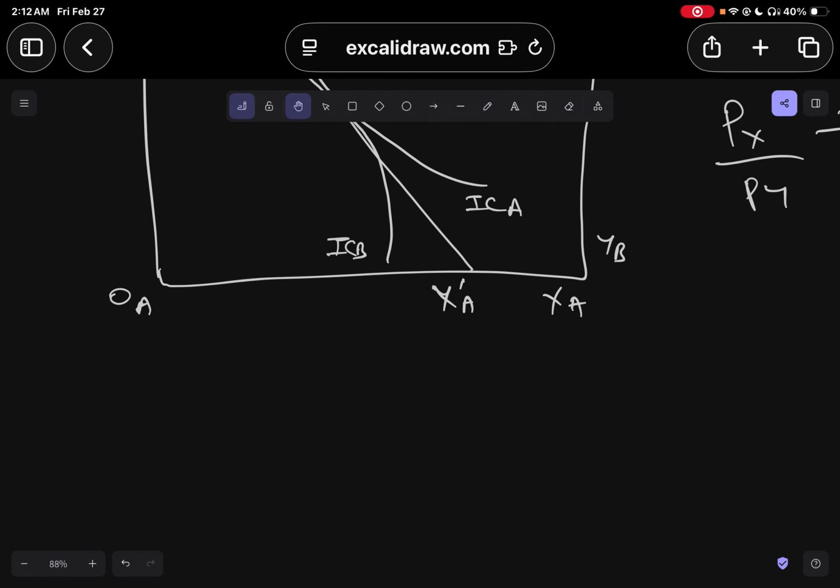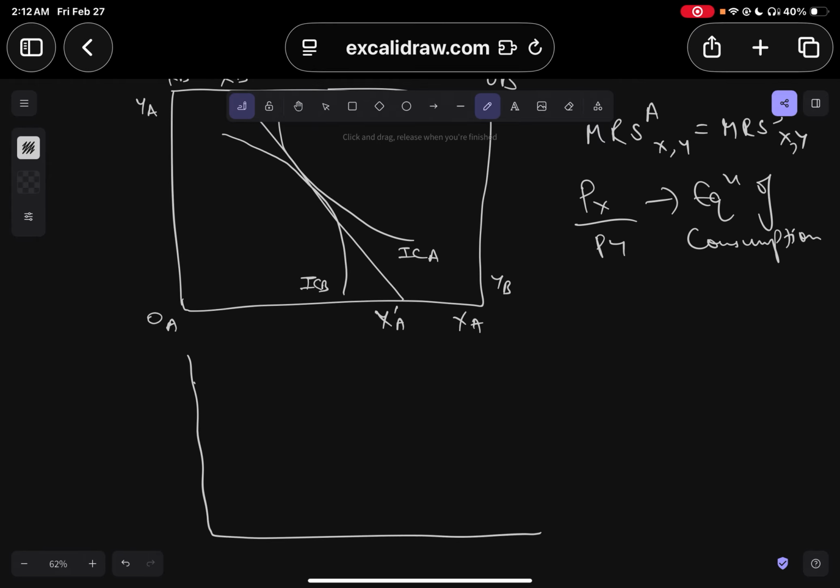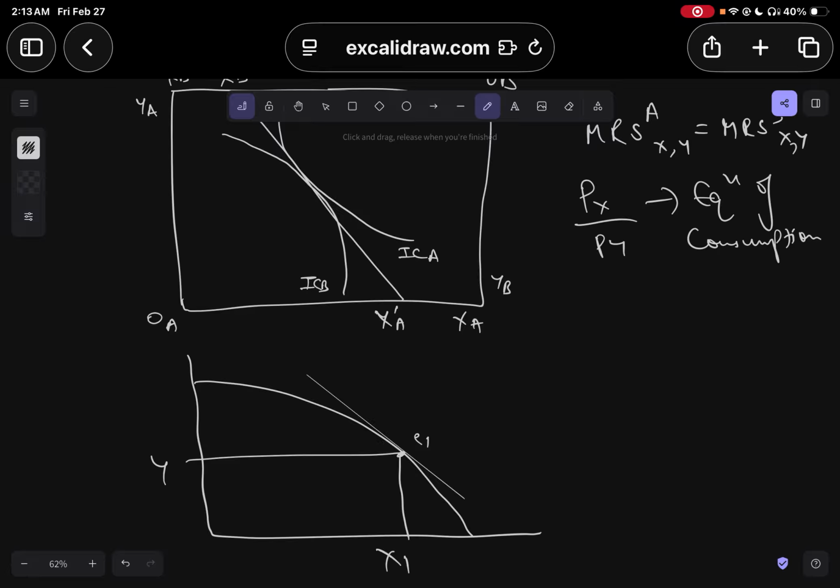So now we draw the production possibility frontier. This line is tangent at, let's say, this point E1, with X1 and Y1.